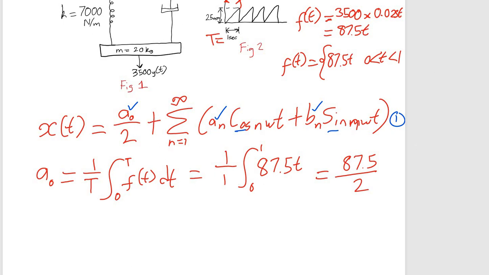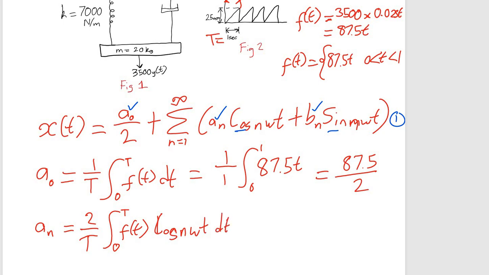Now let's go on to find an. The expression to find an is 2 over T integral from 0 to T of that particular function, f of t, but now multiplied by cos n omega t dt.